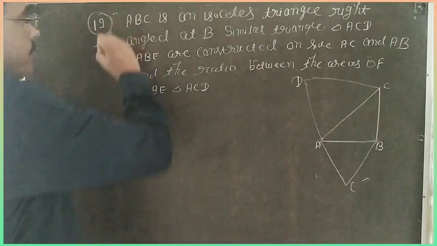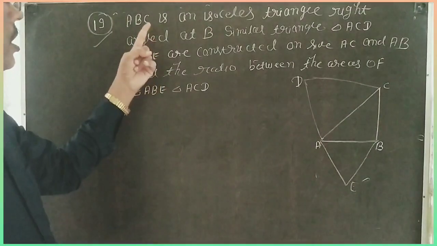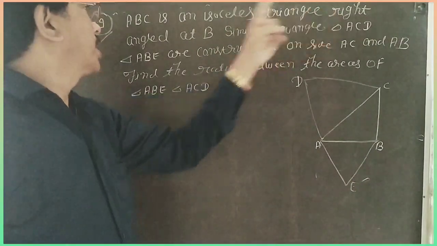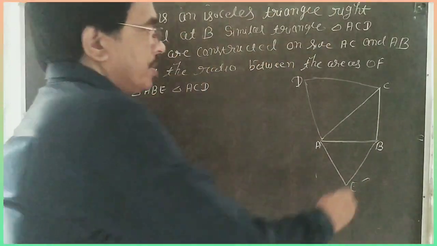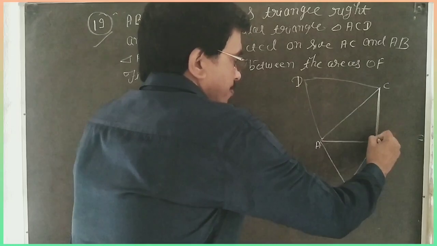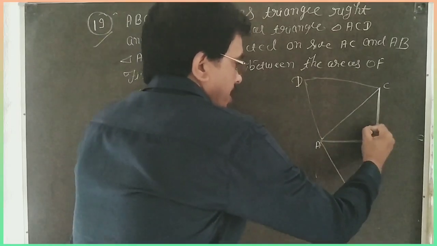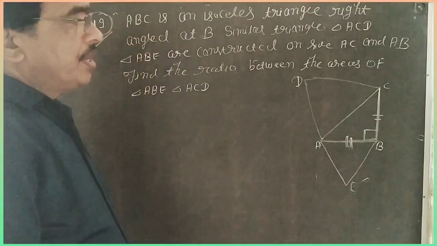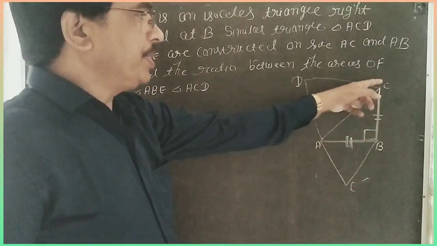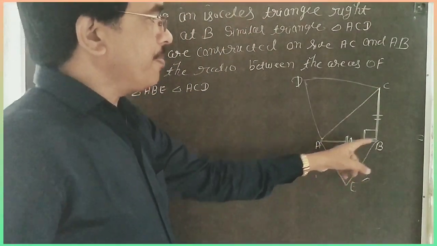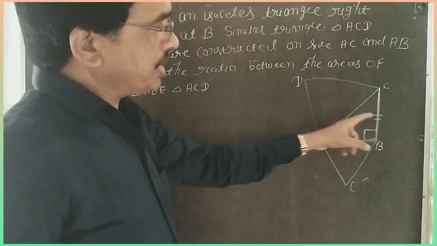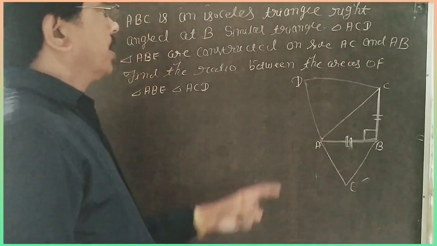Now see question number 19. ABC is an isosceles triangle, right angled at B. We draw triangle ABC, right angled at B, and it is isosceles. That means BC is equal to AB. AC is the hypotenuse, so AC is not equal to BC and AB.